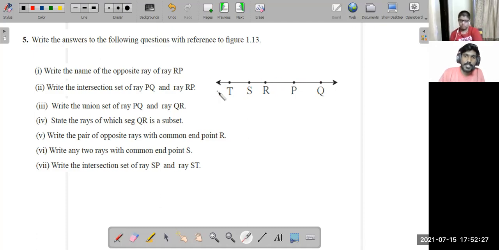Opposite means it has to be on the other side.